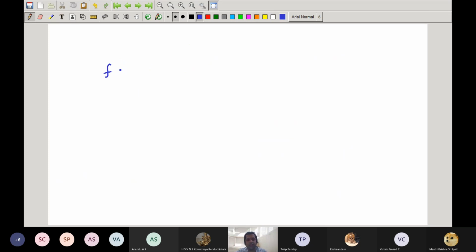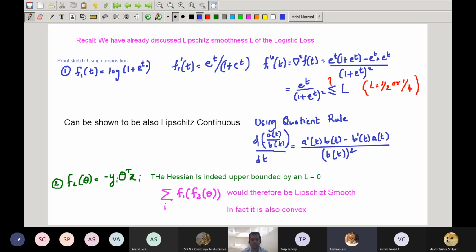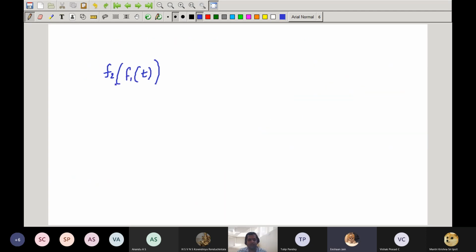So my logistic loss looks like F2 composed with F1. What is the form of F2 in terms of what you just said? We can ignore the summation. F1 is already there: log of 1 plus e raised to t. I'm talking about F2. Should F2 be inside or outside? Inside, right? F1 of F2. Exactly.